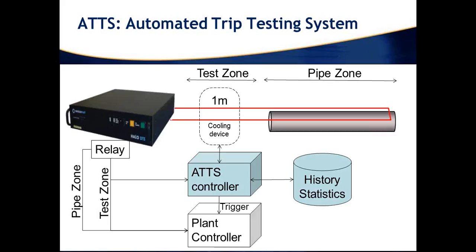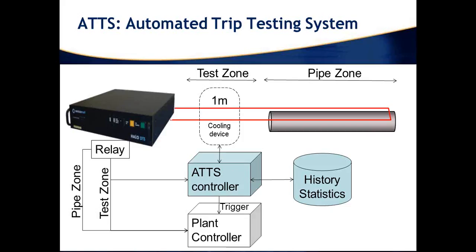Here is how the system is configured. The cooling or heating device is simply a Peltier cell with about 1 meter of fiber coiled on it. This is controlled by the ATTS controller, and the ATTS controller transmits a trigger signal to the plant controller.